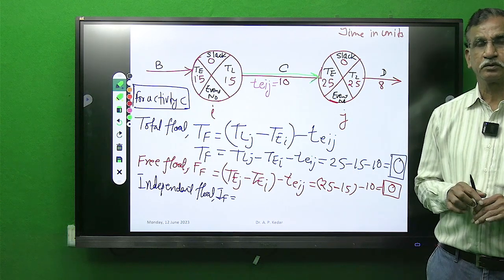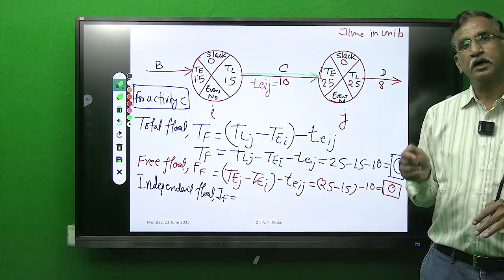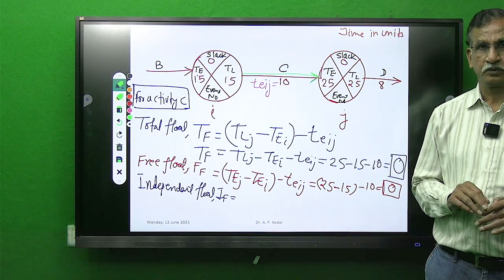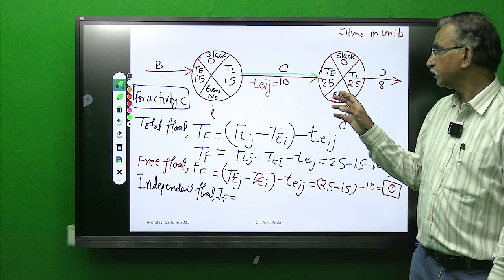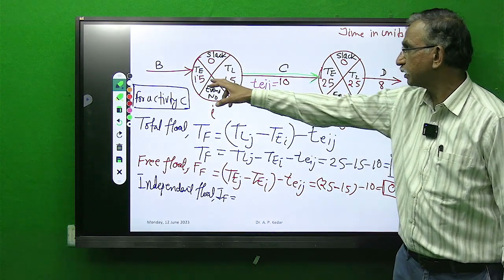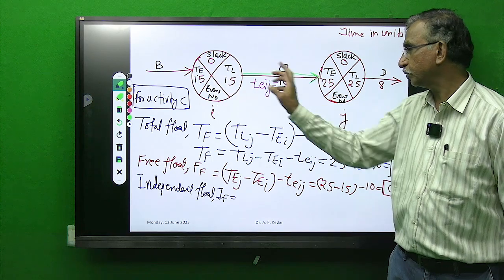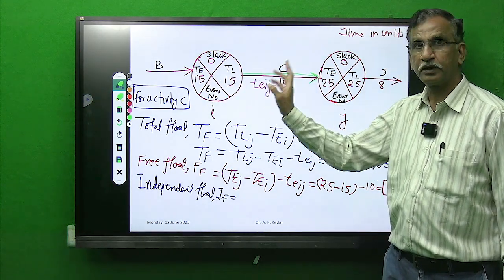What is the assumption for free float? Both start at their earliest time. Both start at their earliest time. So what we did is we took the difference of earliest start of successor and earliest start of the activity under consideration.